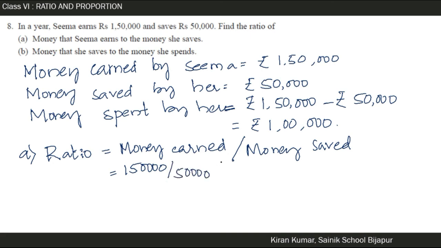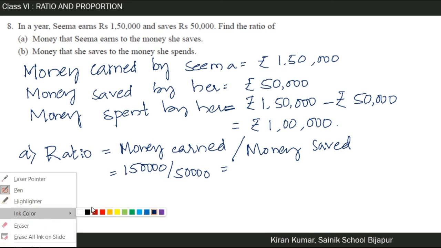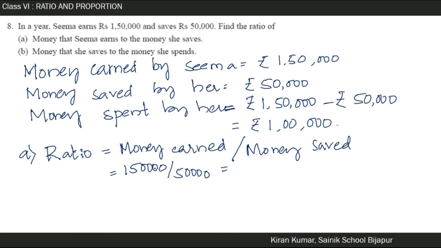So the ratio will be, let me cancel the zeros out. Here 4 of the zeros will get cancelled. 15 upon 5. Further we can simplify, we get it as 3:1.